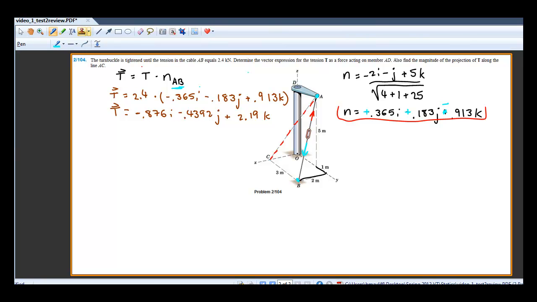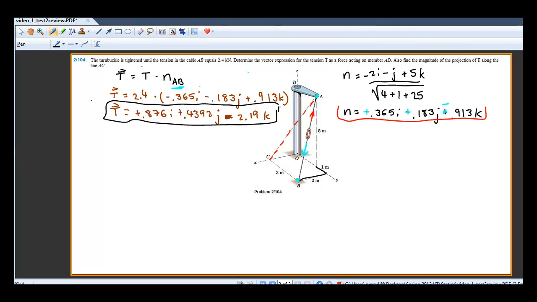That makes this a positive, positive, and that's a negative. Okay, that's what we get, and that's the tension. Does it make sense why it should be like that? Because it's going from A to B and not from B to A.